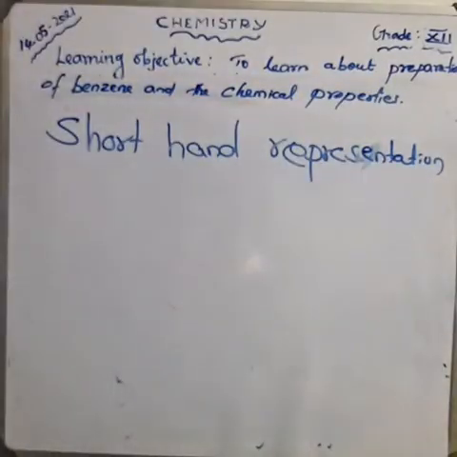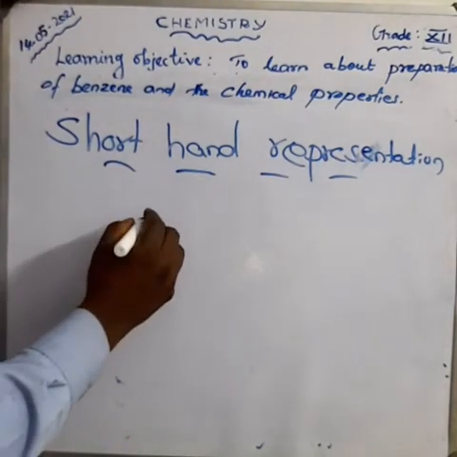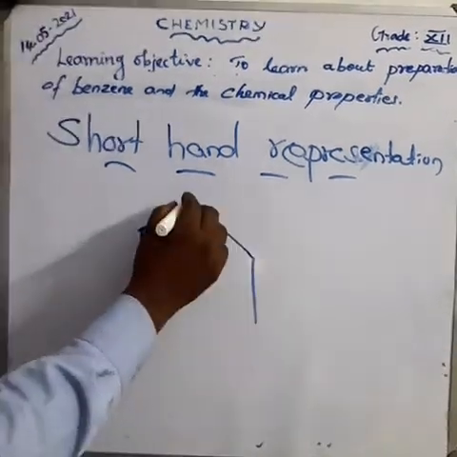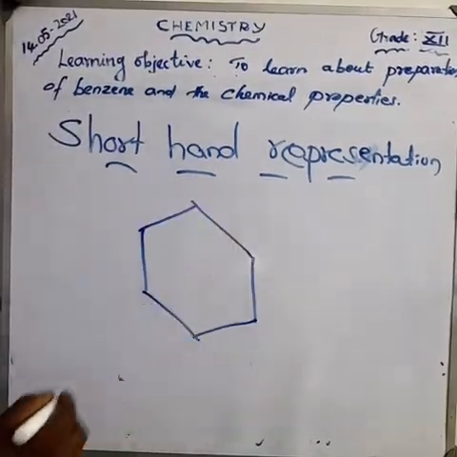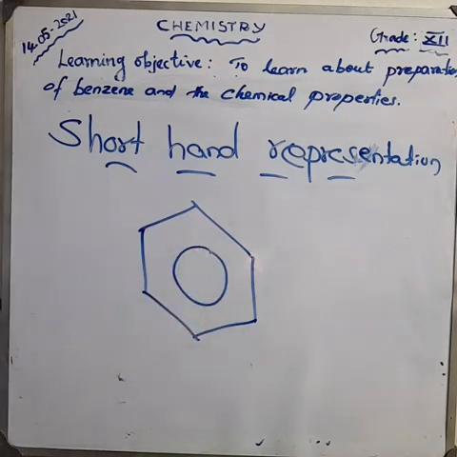This is the same as the Kekule structure, but instead of the double bonds, we make one small circle like that. This is the shorthand representation of benzene.